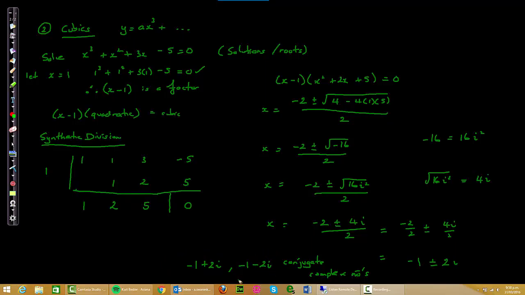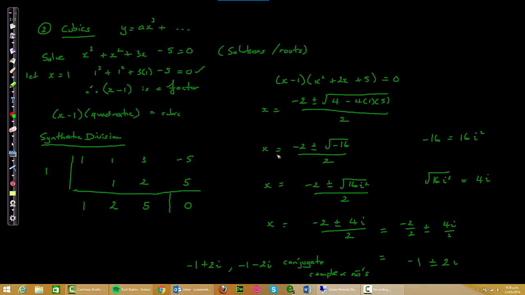Not saying that's all the solutions, but from one complex solution you can always get another one, which is sometimes part of all the solutions that you might have. Okay, and here we've got that conjugate pair.